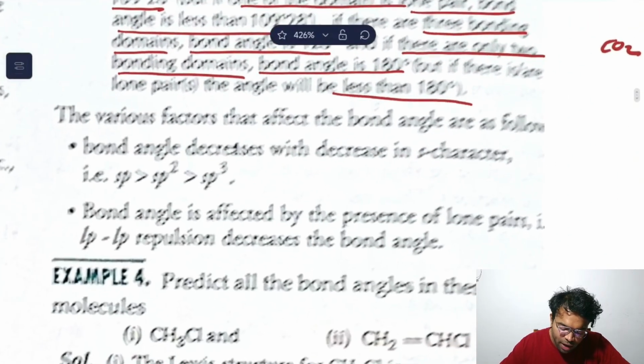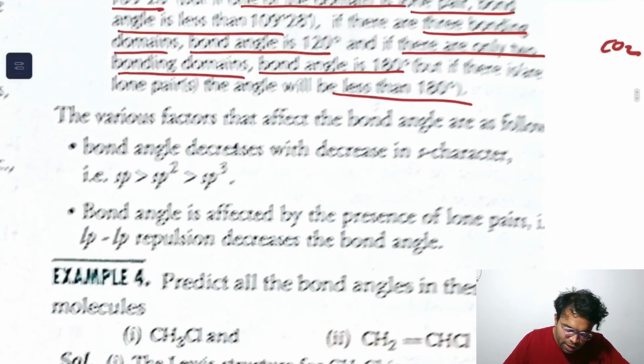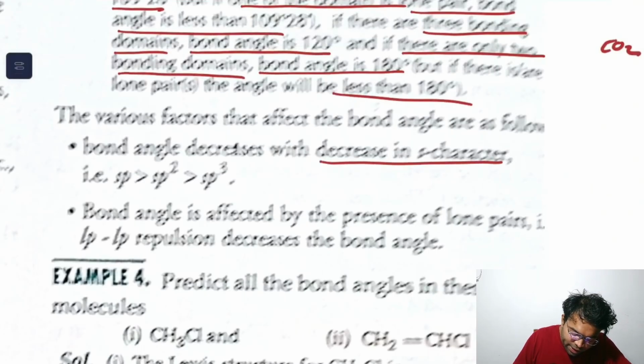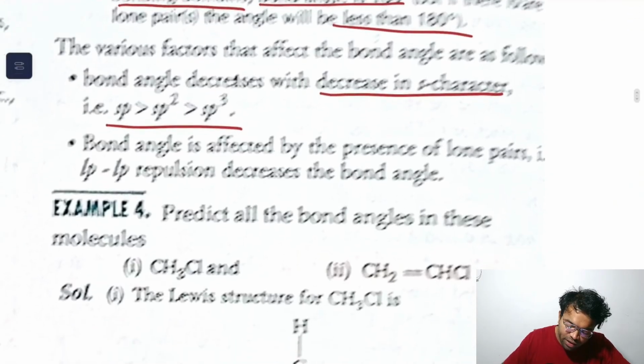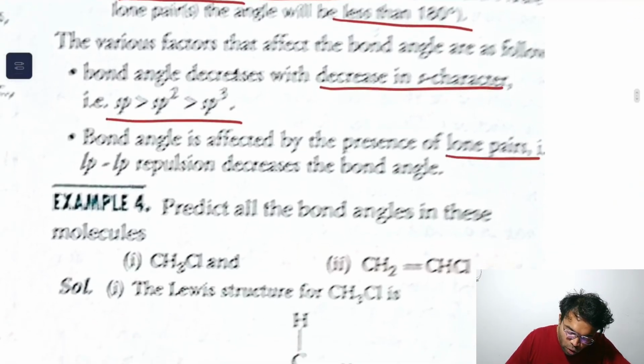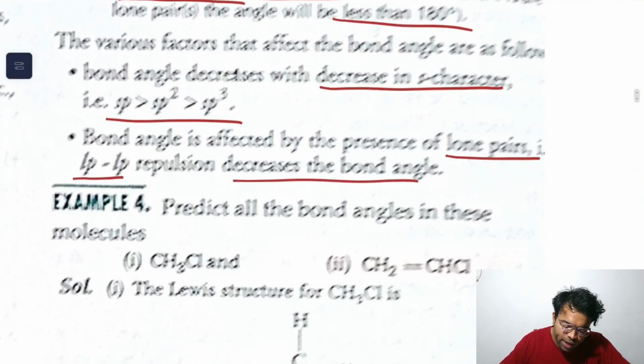Now, the various factors that affect the bond angle are as follows. The bond angle decreases with the decrease in the S character. Similarly, the bond angle is affected by the presence of lone pair of electrons. Lone pair repulsion decreases the bond angle.